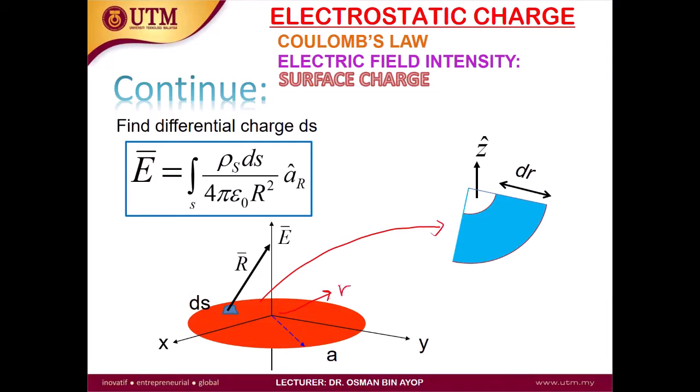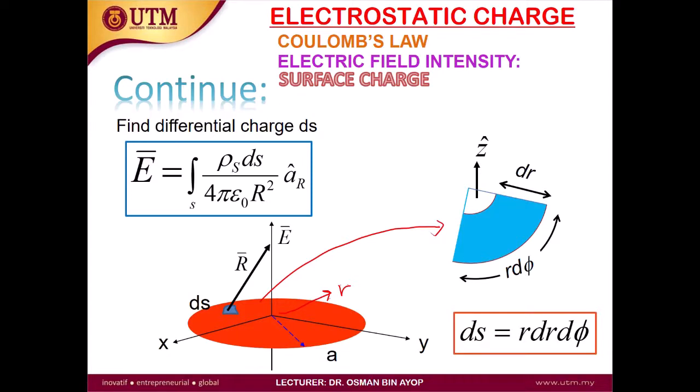So we have dr, and then we have the curved part. The curved part is defined as r d phi. And then we can write ds in this form, which is r dr d phi.